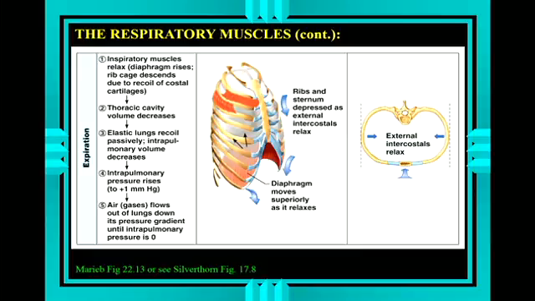So put really simply, if the thoracic cavity is getting bigger, that's going to make all the alveoli get bigger as well. Now that can only work if the lungs are attached to the thoracic wall. And obviously they are.